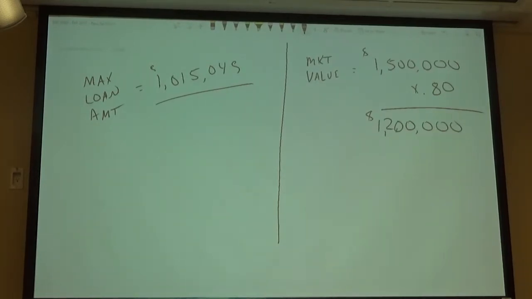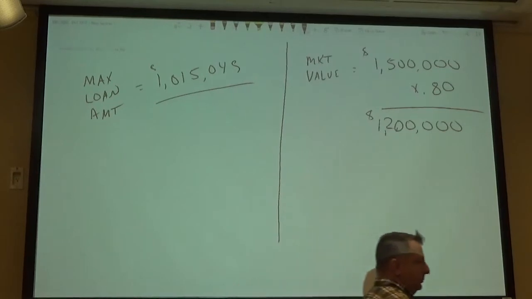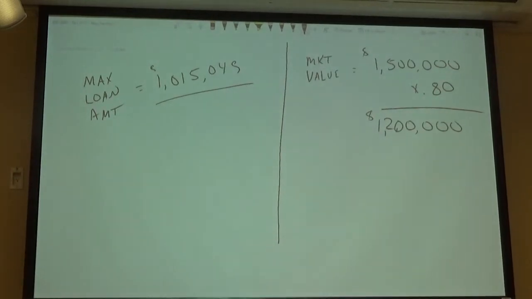Why did you do 0.80? Okay. 80% loan to value. Loan to value ratio is 80% maximum. So the lender is basically saying, under the best of circumstances, we're willing to lend you 1.2 million on this property. Okay?